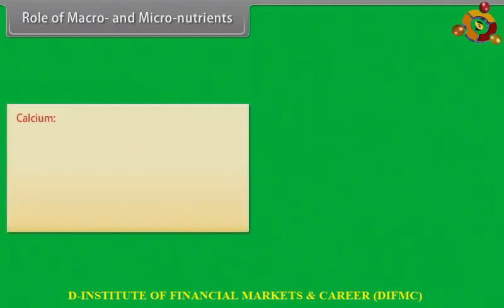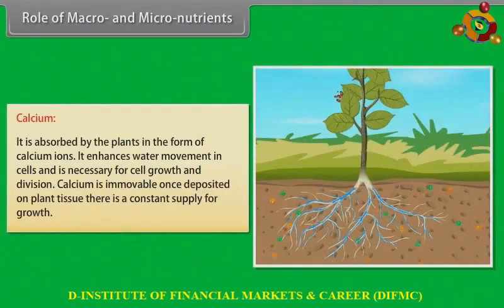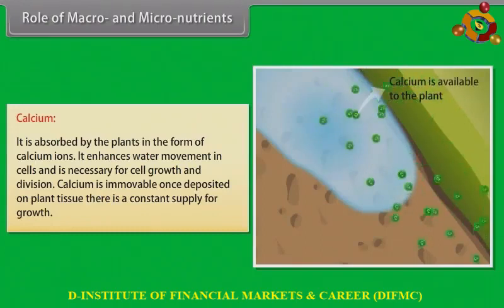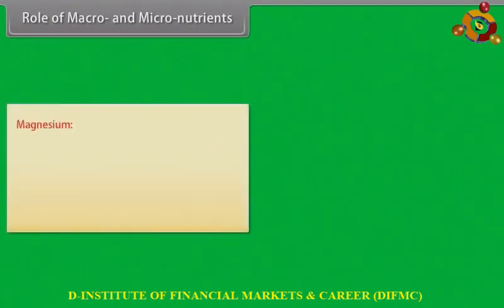Calcium. It is absorbed by the plant in the form of calcium ions. It enhances water movement in cells and is necessary for cell growth and division. Calcium is immobile. Once deposited in plant tissue, there must be a constant supply for growth. Magnesium.